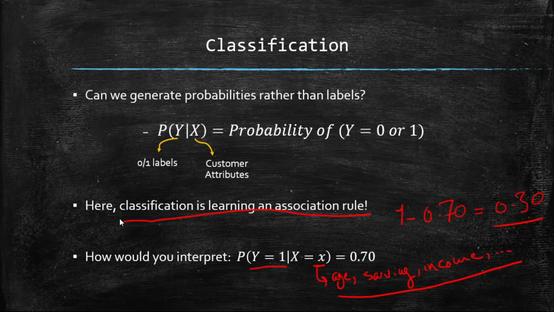Now remember that probabilities always sum to 1, and that is why I subtracted 70% from 1 and computed the value 30% for the other half, right?